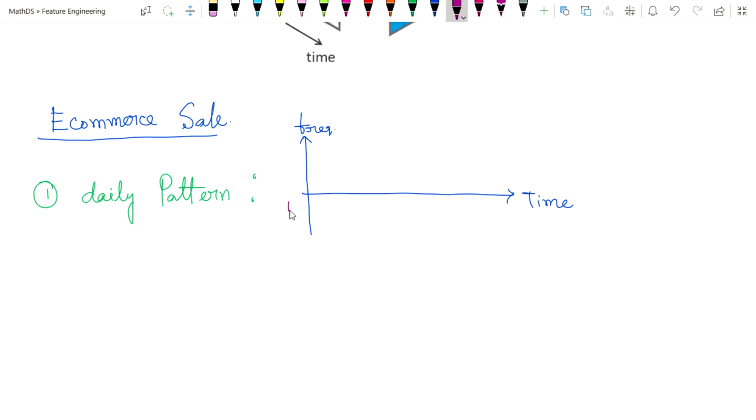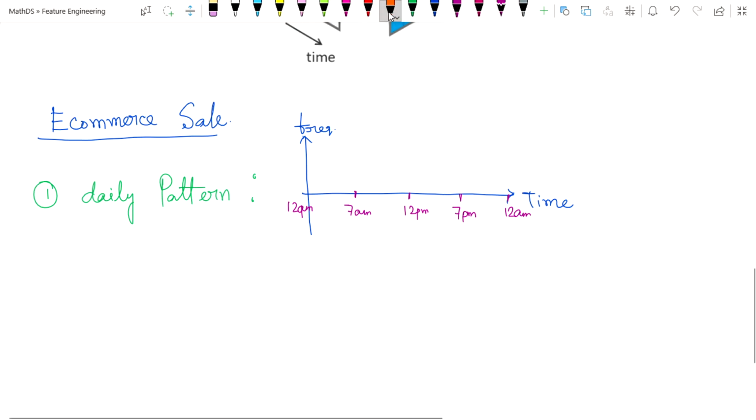Suppose it is 12 a.m. here, some morning time here, 7 a.m. here, 12 p.m. here, 7 p.m. like that, and again 12 a.m. here, like this in a 24-hour interval.